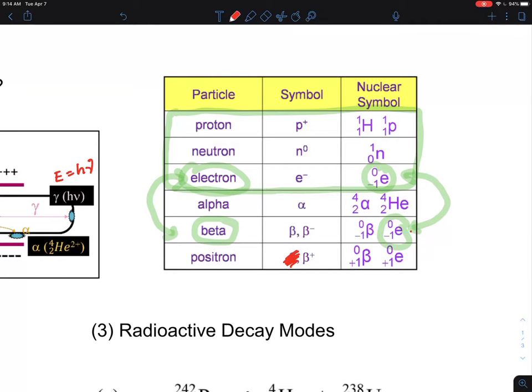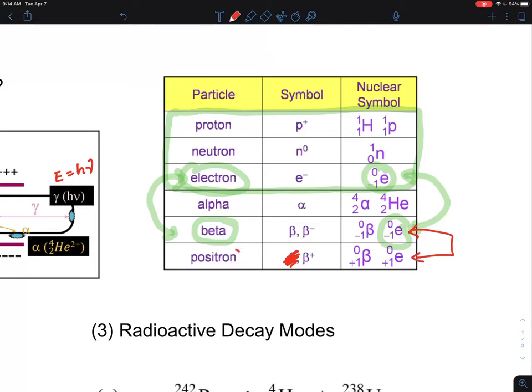The opposite of the electron is what is called a positron, and if you look at it, it has no mass, but it has a charge of 1. So it's almost like a proton without mass, right? But they don't want to relate this one to the proton, but to the electron.